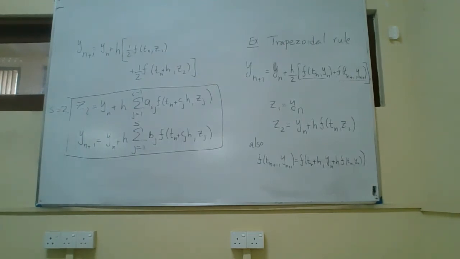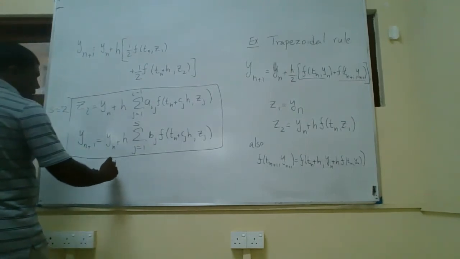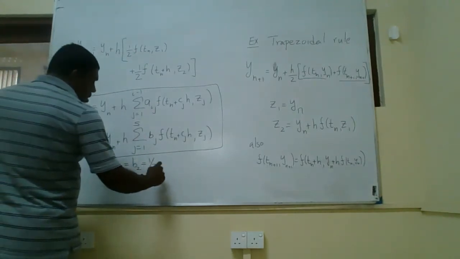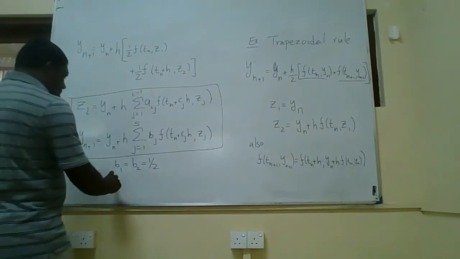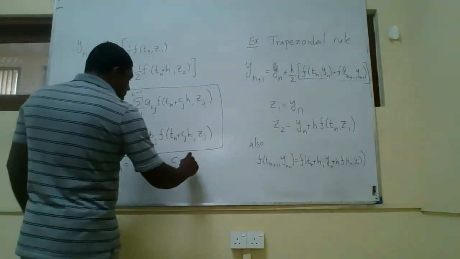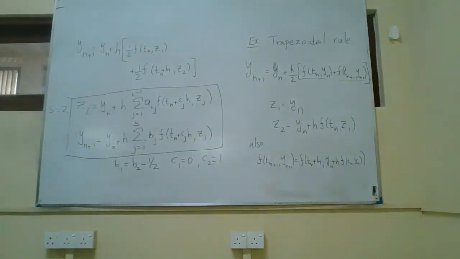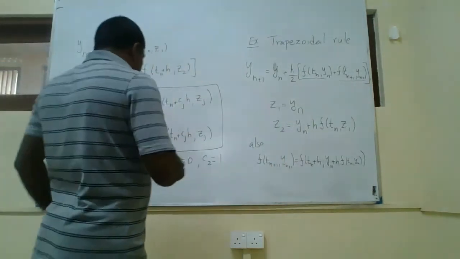Everything else can be formed. Your b1 and b2 are going to be half, if I remember correctly. And c1 is clearly 0, and c2 is obviously 1, and then a21 will be 1 here, plus this one here.